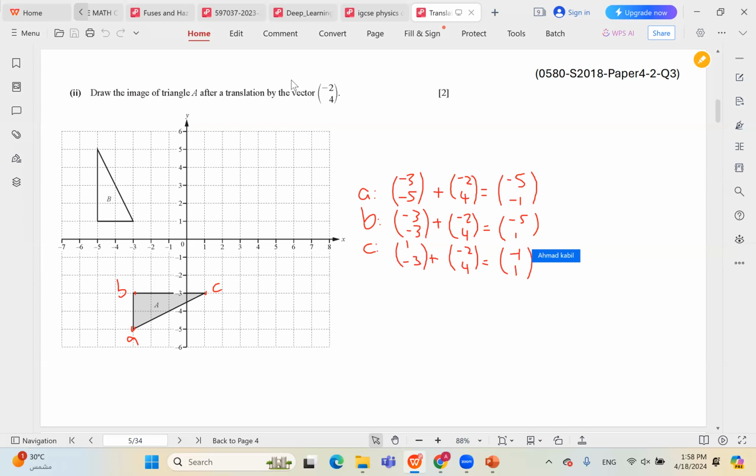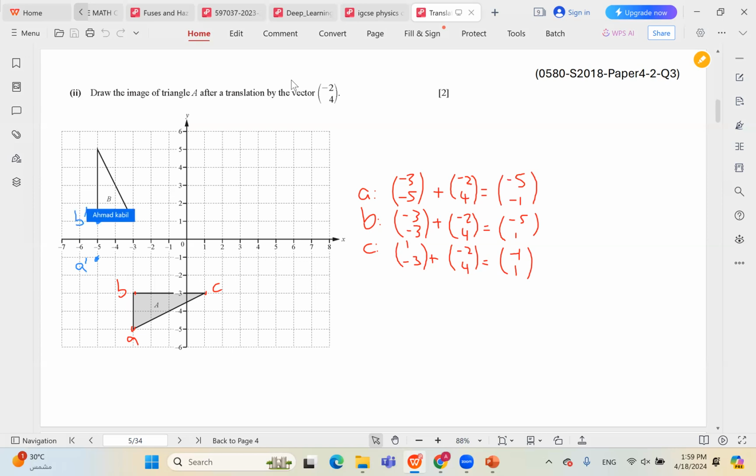Next, we just plot these onto the graph. So -5 and -1. This would be right there. This would be A dash. And then for B, it's -5 and +1. So B dash, I mean.